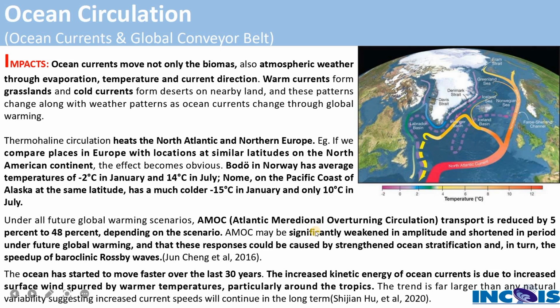That's why we call it the Atlantic meridional overturning circulation. Some studies say the transport of this AMOC is reduced by 5 to 48 percent depending on different future global warming scenarios, right?